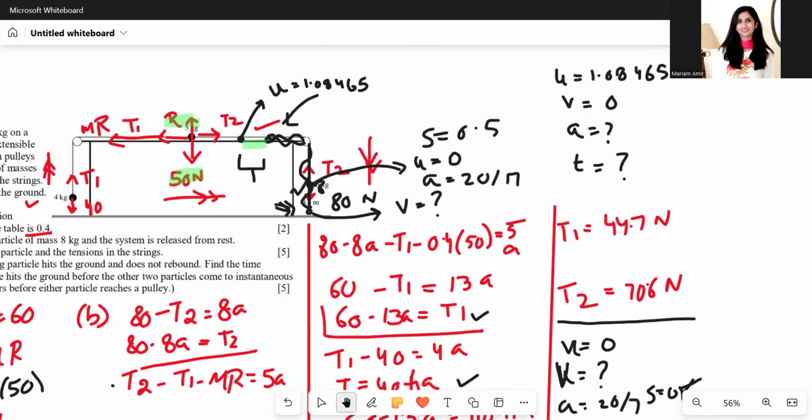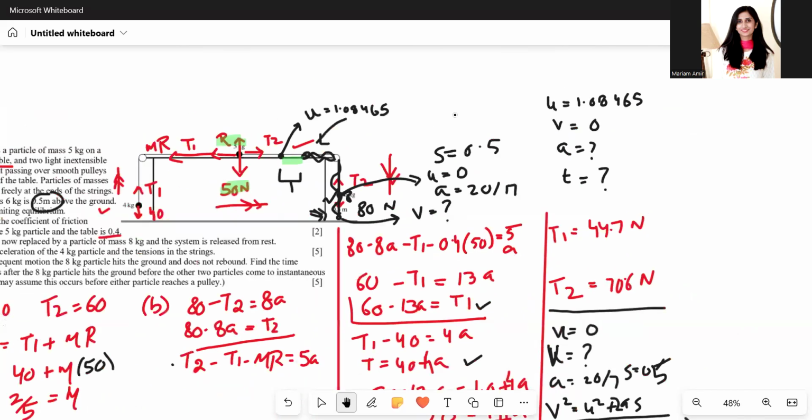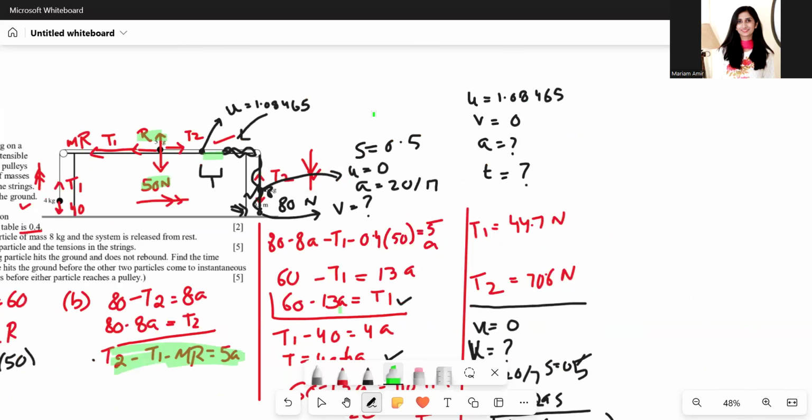So we're going to reuse the formula on the 5 kg particle, but now T2 is 0. So let's rewrite this and get acceleration again. T2 is now 0, forward force is 0, minus T1 minus mu R is equal to ma.